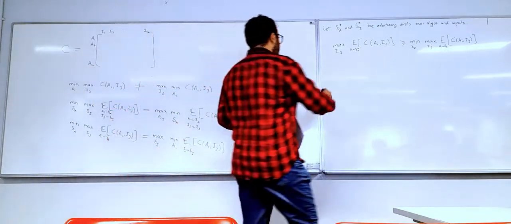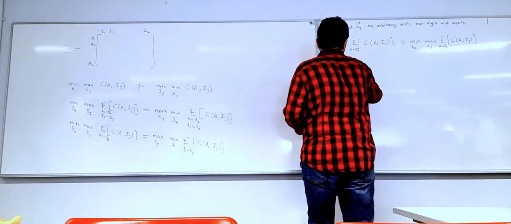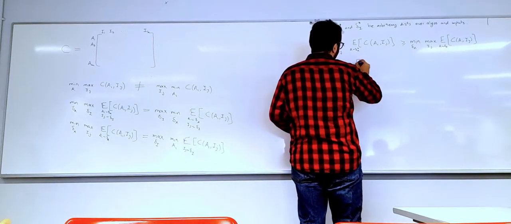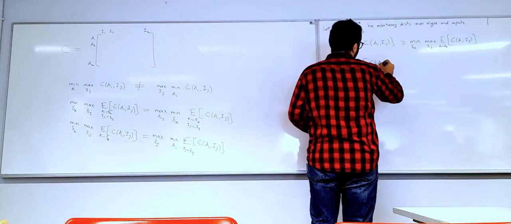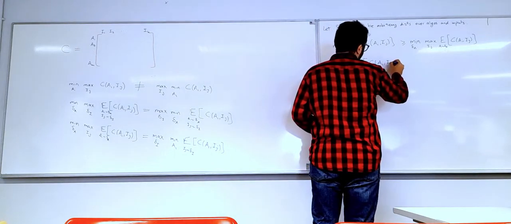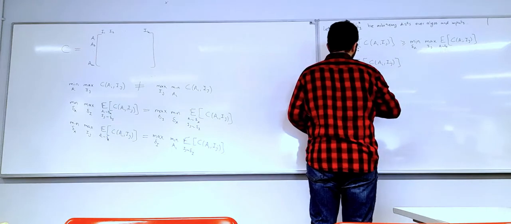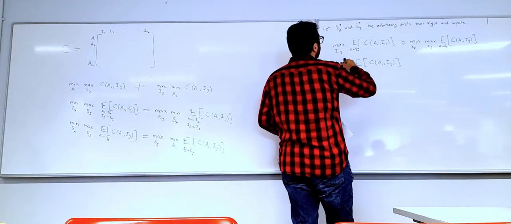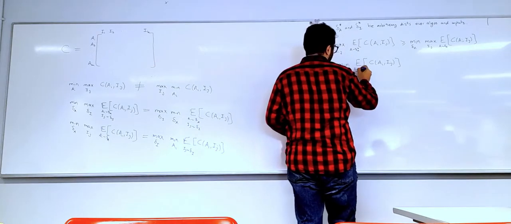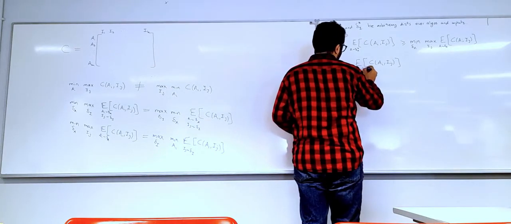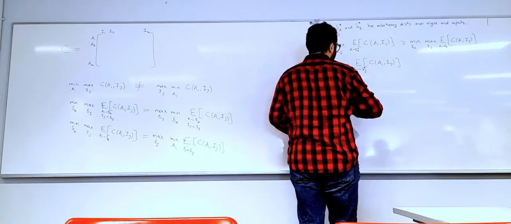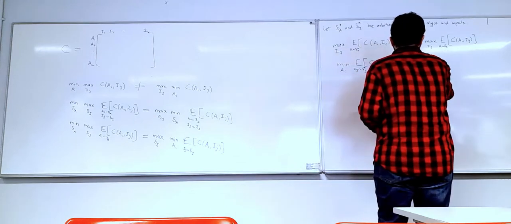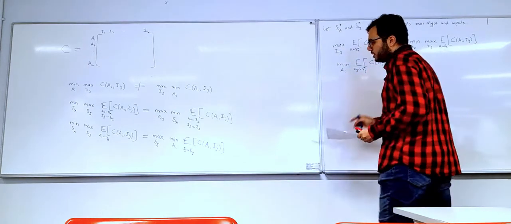So in other words, if I just take the second part, minimum over all algorithms AI of the expected cost of running AI over ij, where I take my input not from the optimal distribution, but from this distribution that I fixed here. So from delta star I. Okay, this is going to be less than or equal to this.